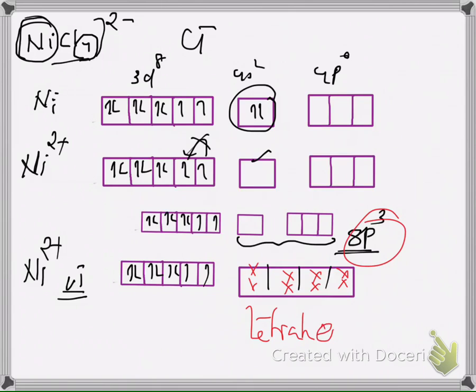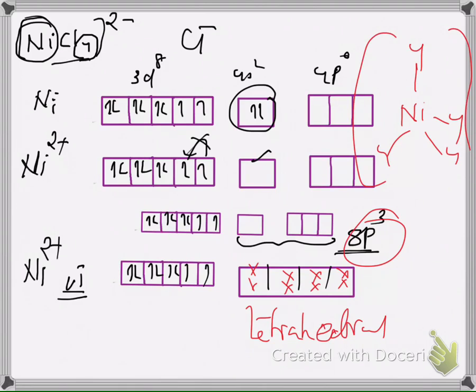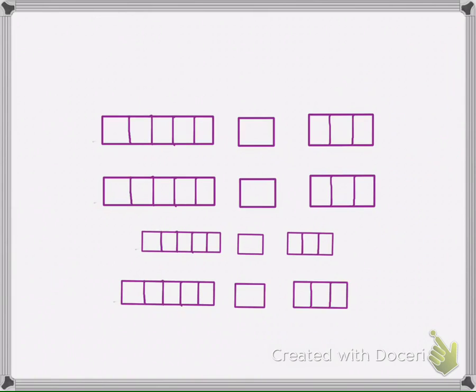You just draw nickel, Cl, Cl, Cl, Cl, and 2 minus. This is the shape of tetrachloronickelate 2 ion. Again you have one more species, that is Ni(CO).